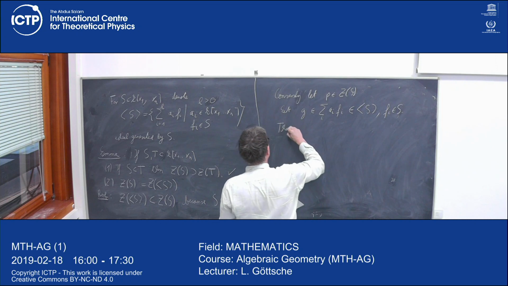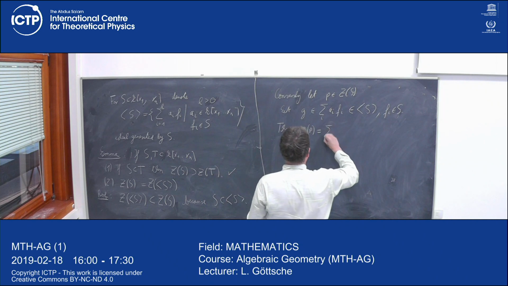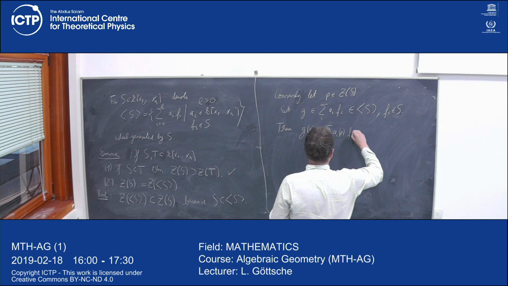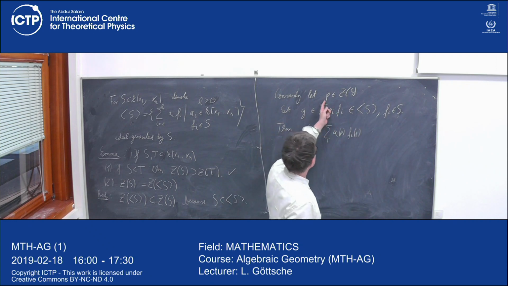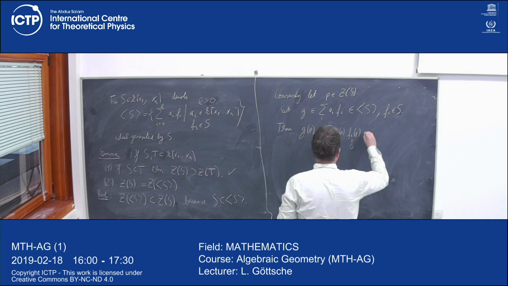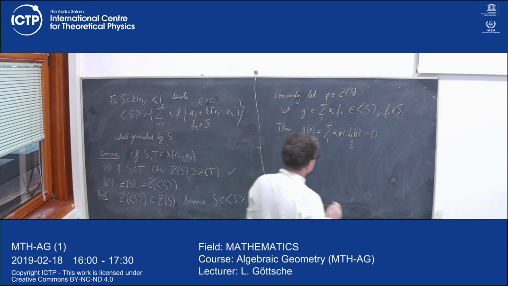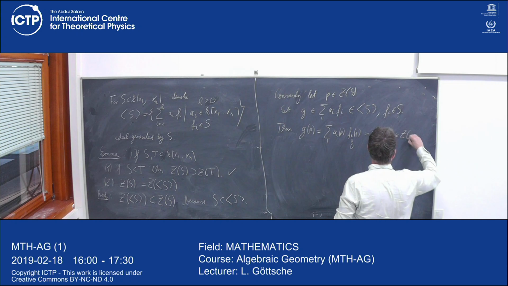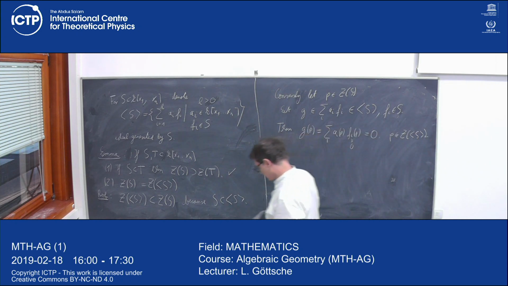If we compute g(P), this is just the sum over all i of a_i(P) times f_i(P). But as P is in the zero set of S, f_i(P) is equal to 0. So this is zero, and so P is in the zero set of the ideal generated by S. Okay, so it's quite simple.